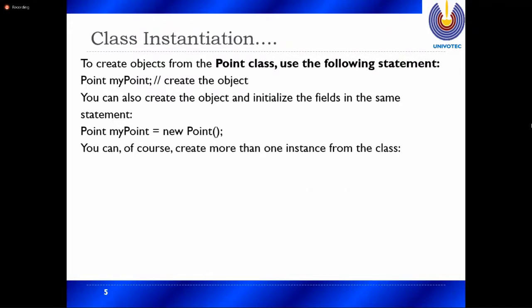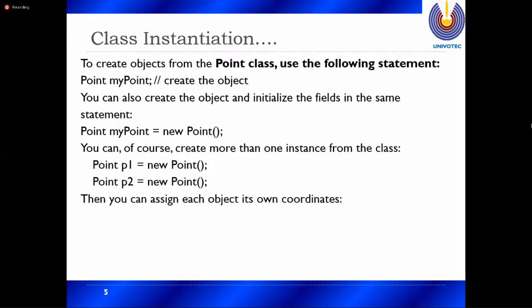Of course, you can create more than one instance from the class. Point P1 equal new Point, Point P2 equal new Point. Now you have created two objects, P1 and P2. Then you can assign each object its own coordinates.